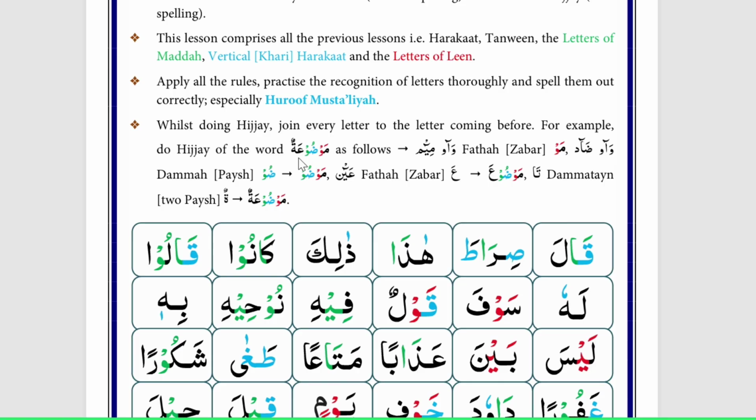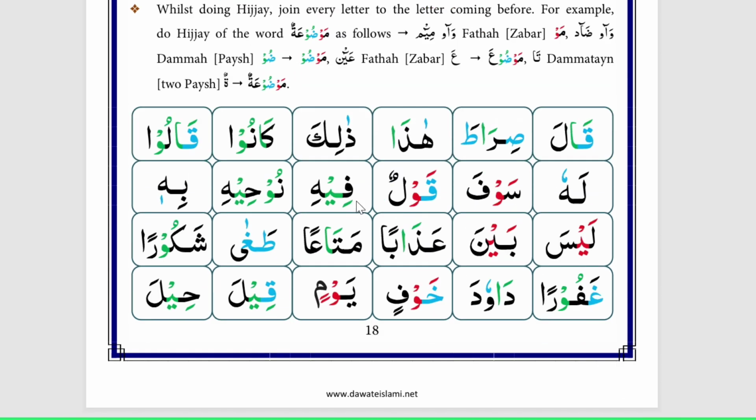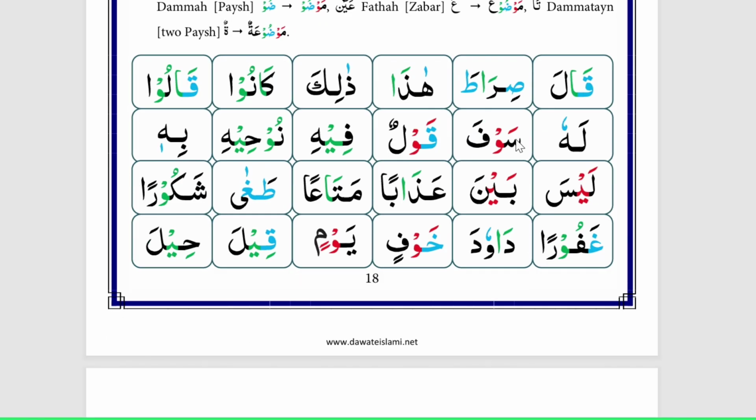Mawdu, Ain, Zabar, Mawdu'a. Join every letter to the letter coming before. Ta, Du, Peshtun, Mawdu'atun. In this way. So let's start our practice. Listen to me carefully and repeat after me, because practice makes a man perfect.